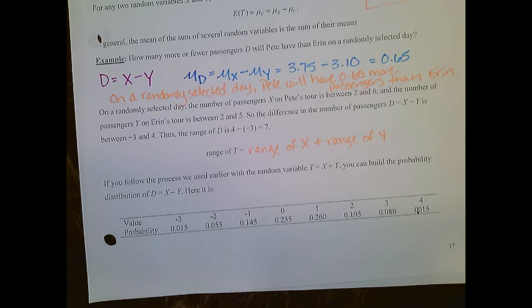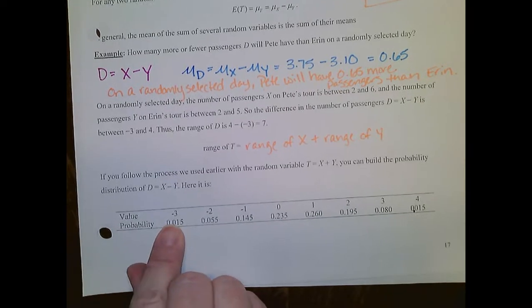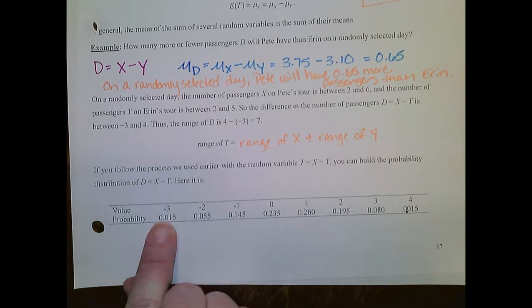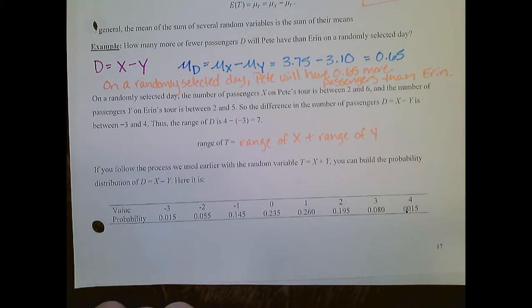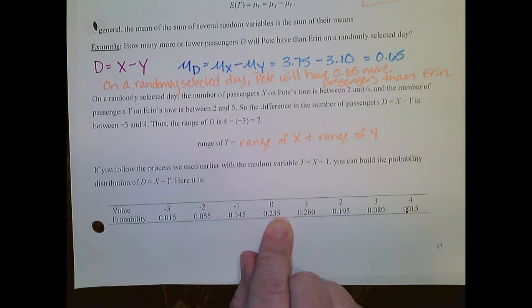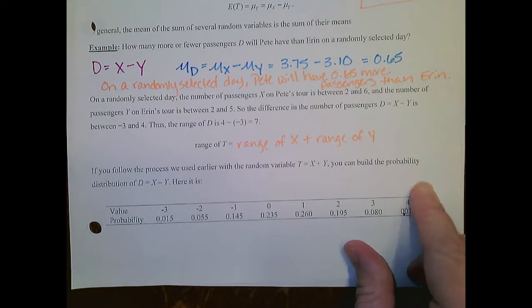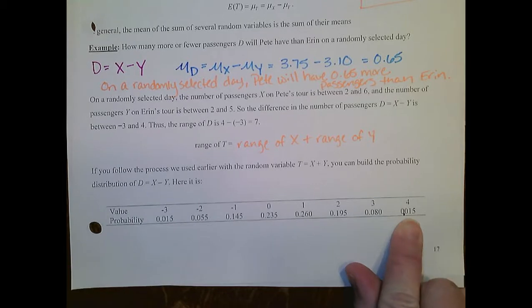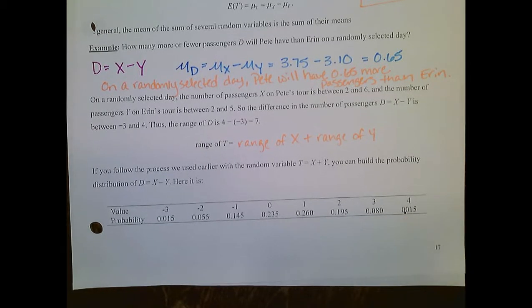In other words, the probability of Aaron having 3 more passengers than Pete is 0.015. The probability of them having the same number of passengers would be 0.235. The probability that Pete would have 4 more passengers than Aaron is 0.015, and so on. So that's our probability distribution for each of the possible values for the difference.